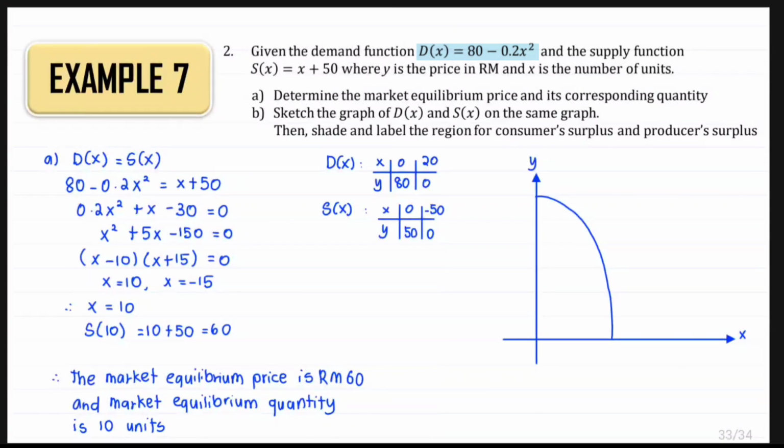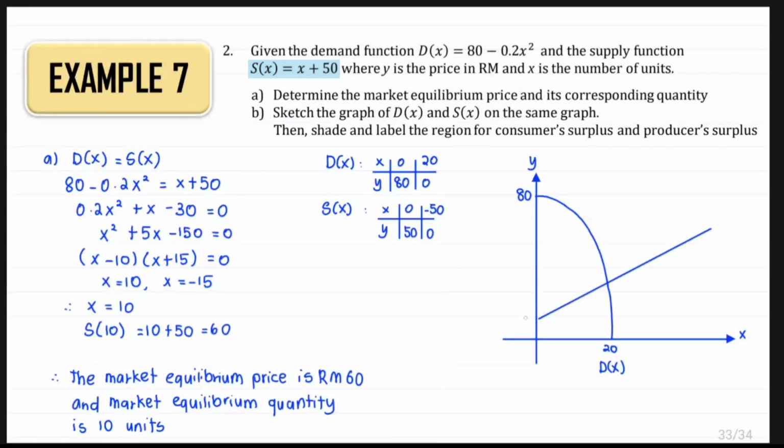Then we label the intercept 80, 20. And this is the graph for Dx. And next, the graph for Sx. Graph Sx is positive linear, so a straight line, at y equals 50. And this is the graph for Sx label.